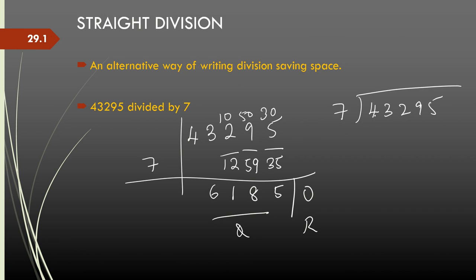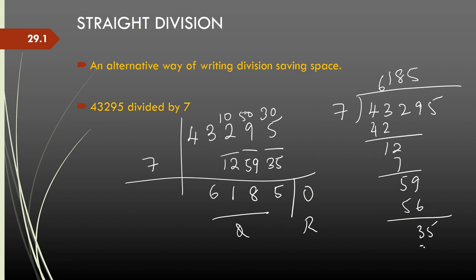So, if I divide by 7, 7 6s are 42, then I have 12, which is what it is. So, 7 ones are 7, then I have 59, which is what I see here, 7 8s are 56, then I have 35, which is what was here, and 7 5s are 35, and no remainder. So, this is the difference in writing down.